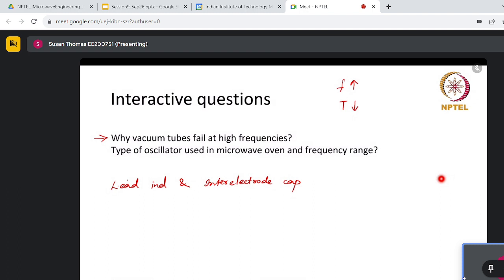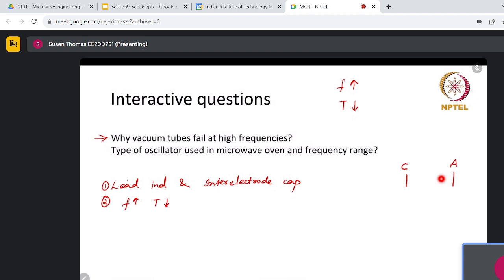Now coming to the second reason, which is something you have mentioned: when the frequency is high, the time period of the signal is small. Look at the transit time. Say this is the cathode from where the electrons start moving, and this is the anode or grid or whatever it may be.